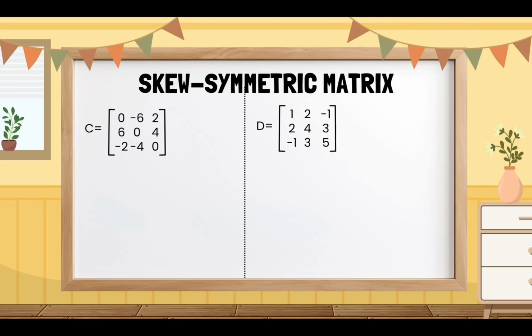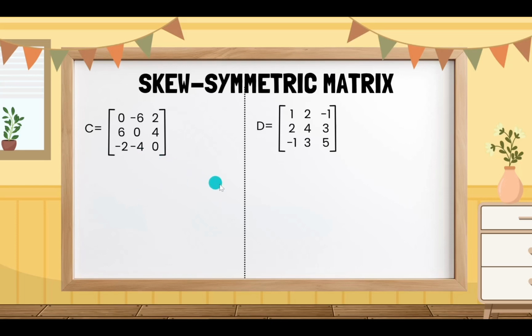So here we have an example. We have a matrix C. When the main diagonal is equal to 0, we're going to see if this C transpose is equal to the negative of C or not.